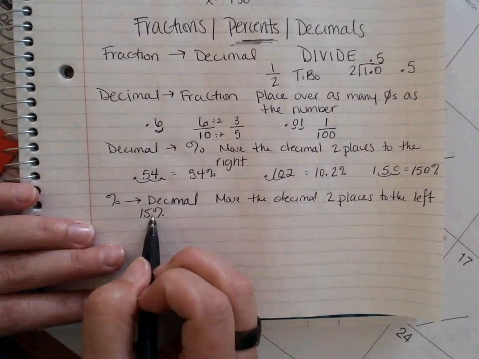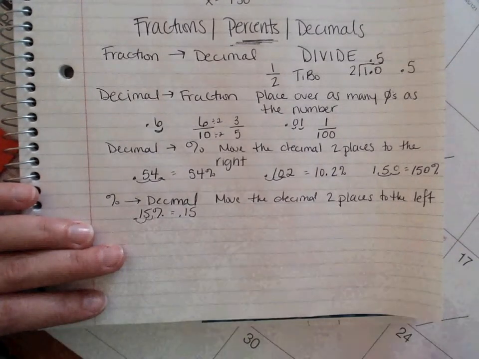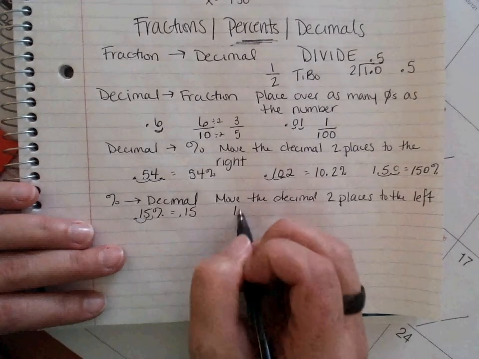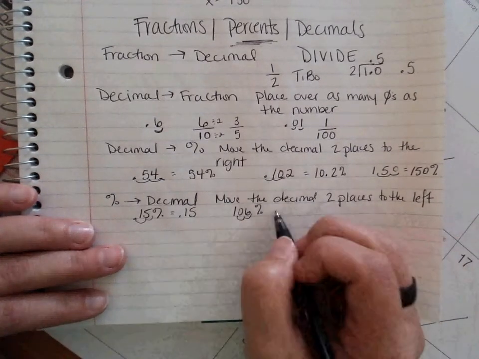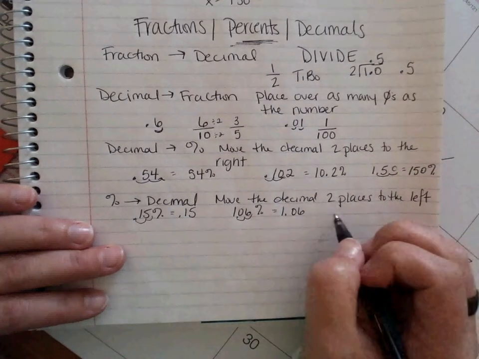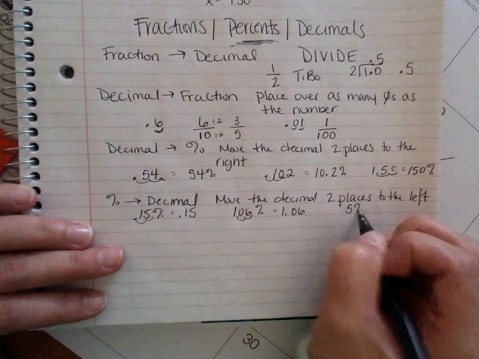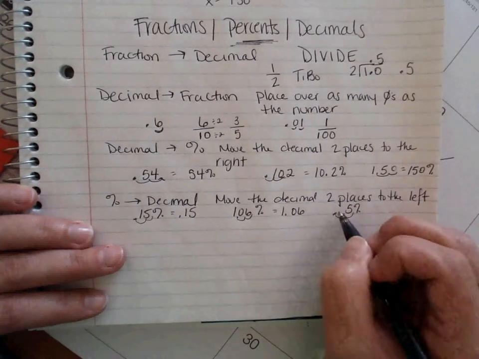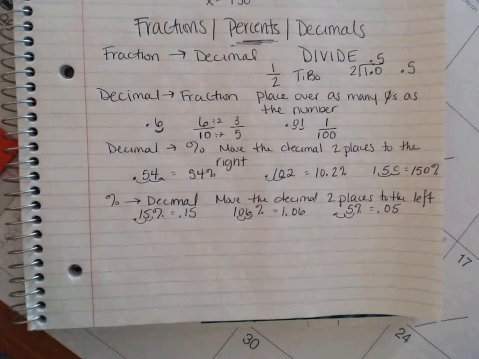The decimal isn't seen because it's right here, 1, 2, leaving me with 0.15. If I give you 106%, 1, 2 gives me 1.06. If I give you 5%, 1, 2, I got to put a 0 here, so it's going to be 0.05 for my decimal.